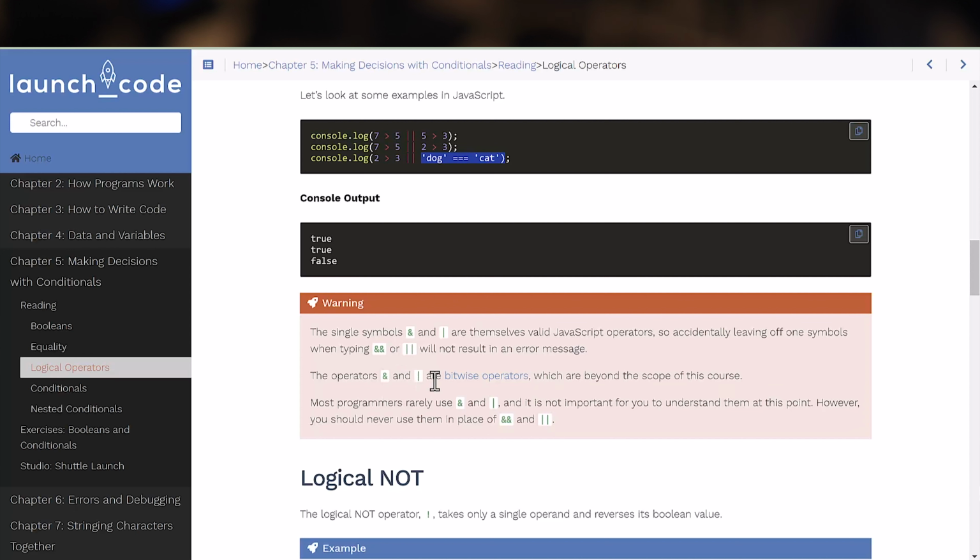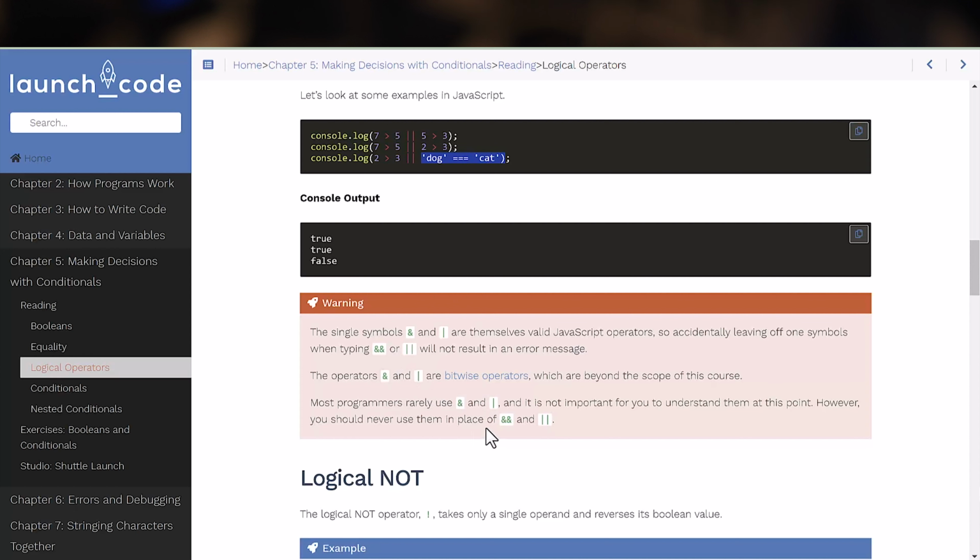There's a use case for these, so we'll go over that later. Now, the single symbols right here, and and or, are themselves valid JavaScript operators, so accidentally leaving off one symbol when typing double and or double pipes will not result in an error message.